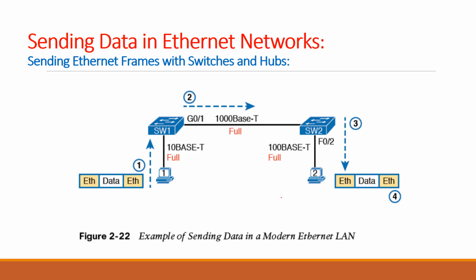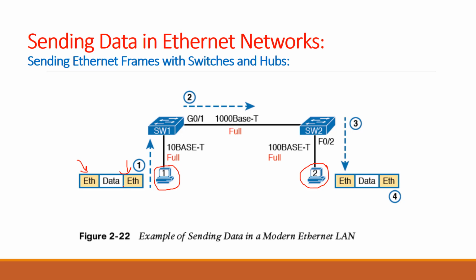Here it shows an example of sending data in a modern Ethernet LAN. PC1, here in step number 1, encapsulates an Ethernet frame. This is the header and this is the trailer, and it mentions PC1 as the sending MAC address, and PC2 as the destination MAC address.